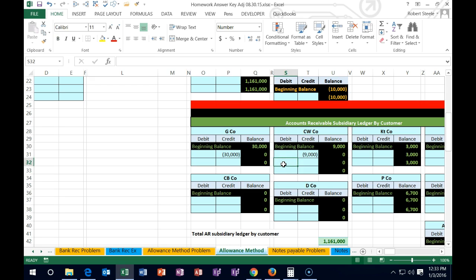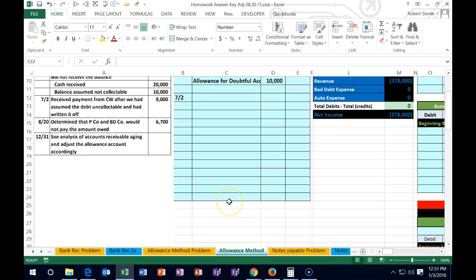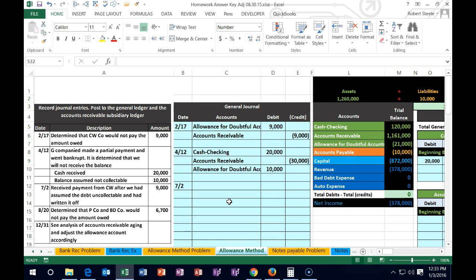Our subsidiary ledger should show that they paid us the cash, and so we want to basically reverse our last transaction to put them back into the receivable, and then do our normal transaction, which would be to debit cash and credit receivable. So in order to help our audit trail, for the most part, we're going to make this a little bit longer of a transaction than it otherwise would be.